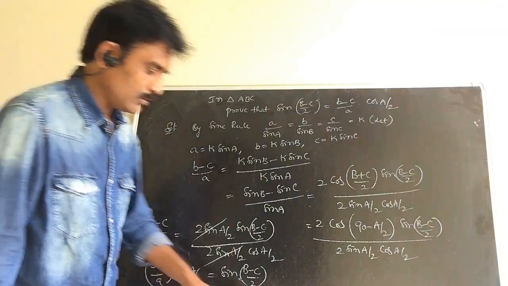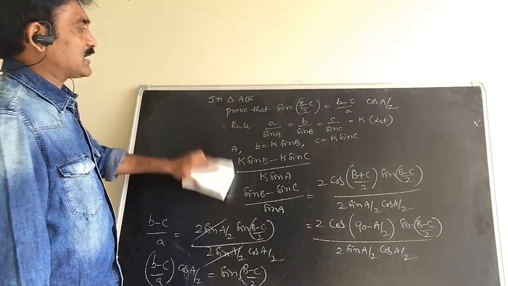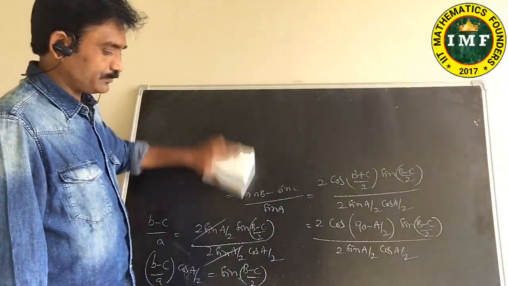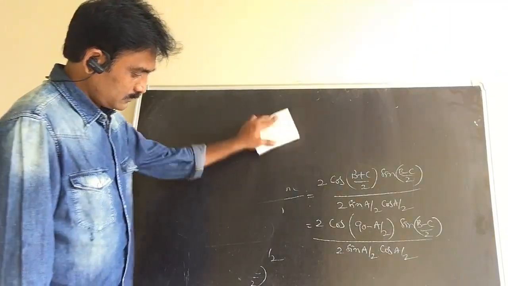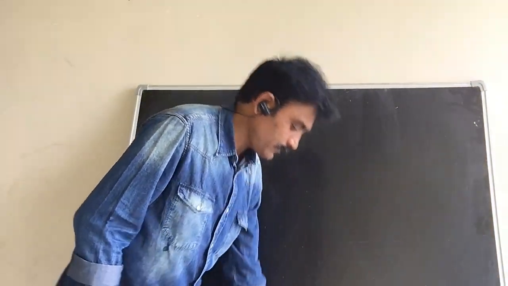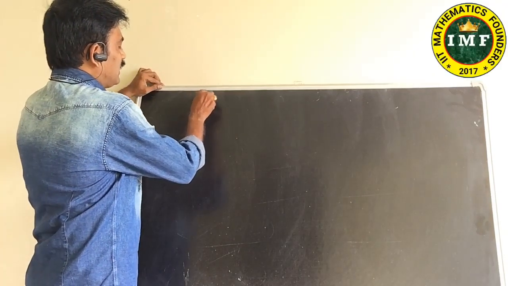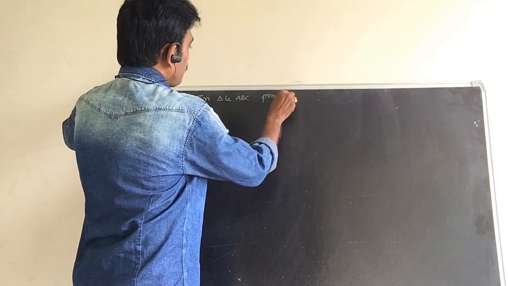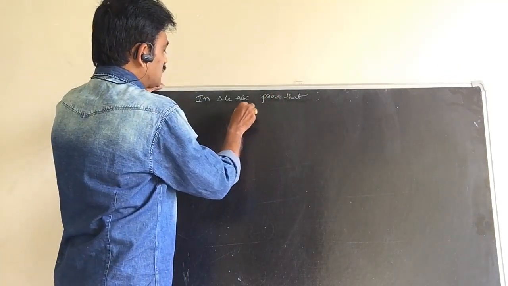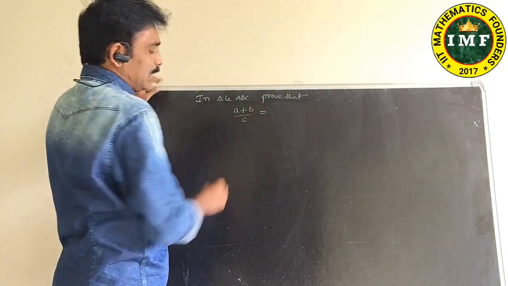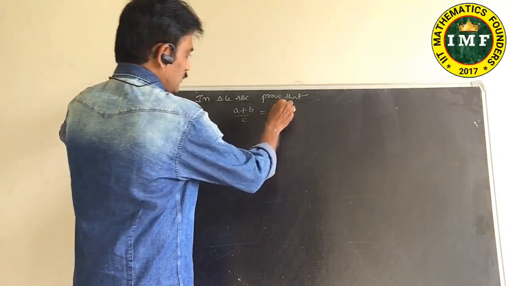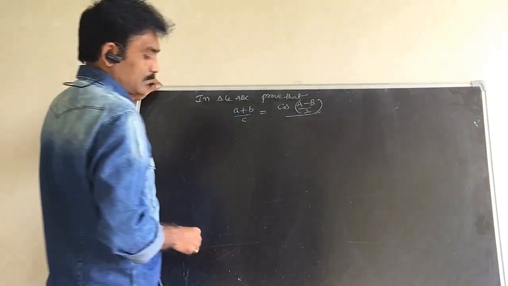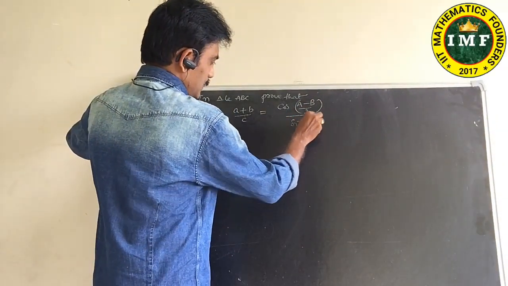Okay? Now, let me explain one more problem based on this sine rule. In any triangle ABC, prove that (a plus b) by c is equal to cos (a minus b) by 2 by sin c by 2.